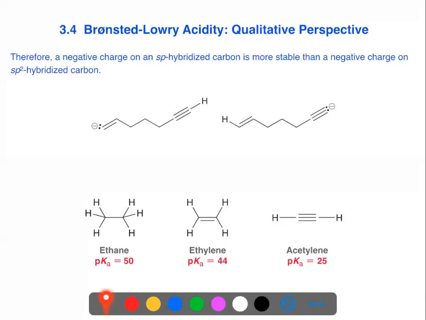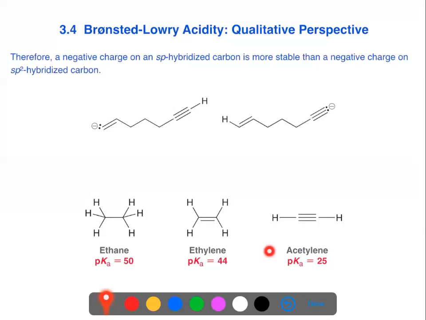And here you can see below, if we compare the 3 simplest hydrocarbons that represent the alkane, alkene, and the alkyne, we see that for the relative acidities, the alkane is closer to 50. When we have ethene, or ethylene is its common name, we see a reduction in pKa by a factor of 1,000,000.